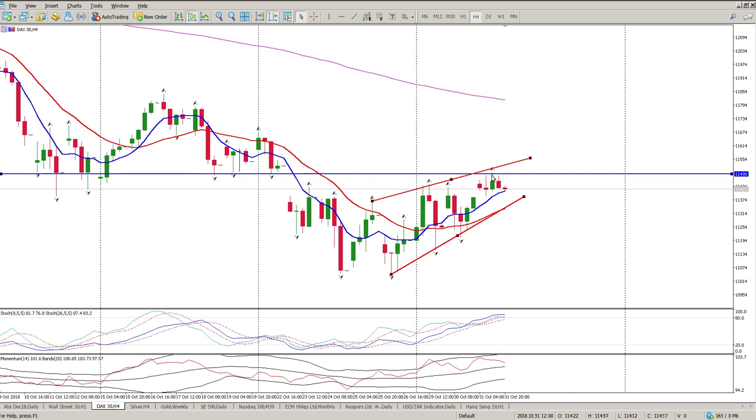You see price making a new high with these two bars, and the oscillator turning to the downside. I'm of the opinion that this is going to break back down to the downside, and I'm just putting in this low here because this has been 1, 2, 3, 4, 5 consolidation bars.